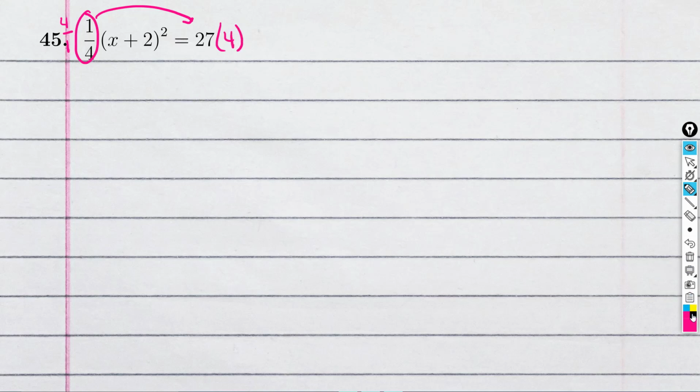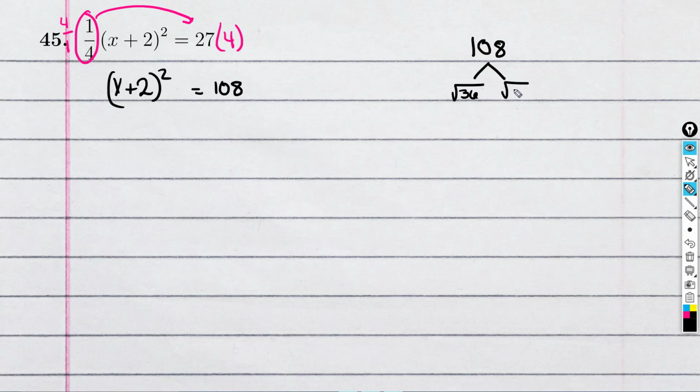And so we have x plus 2, that quantity squared, is equal to 108. So I take 108 and I try to think of what numbers are a factor of 108. And you always look for the largest one.